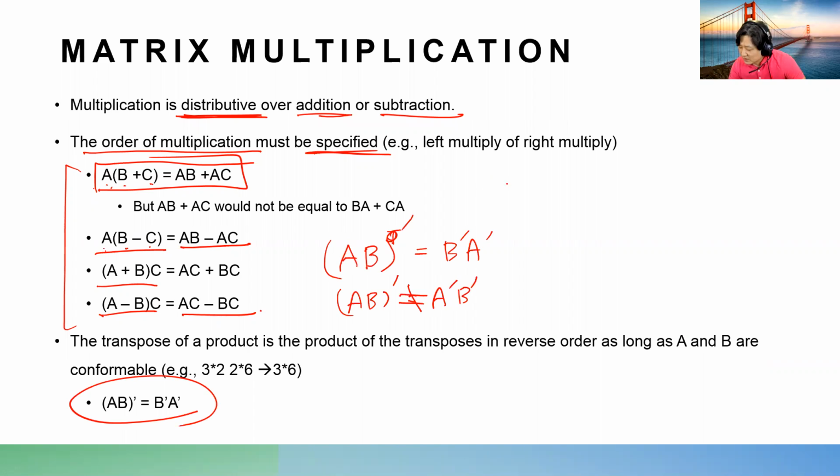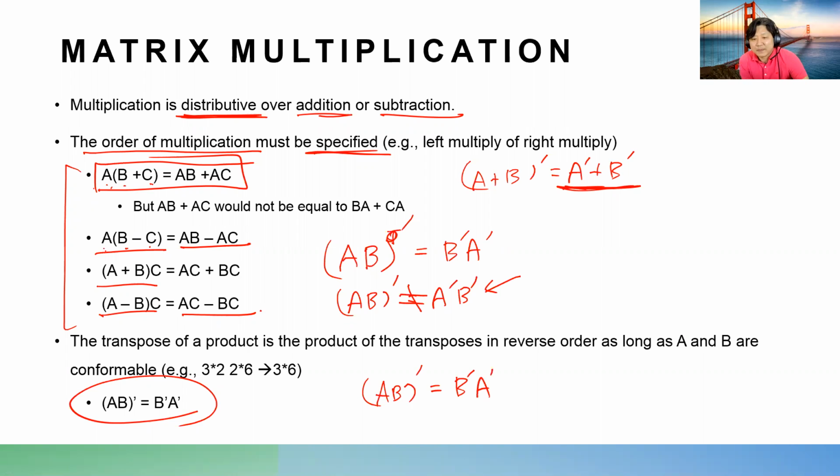In the addition, we already saw that if you transpose the A plus B matrix, this is satisfied, but this is not satisfied. So when you transpose a multiplication, the order will be switched. So (A times B) transpose is B transpose and A transpose. Okay.